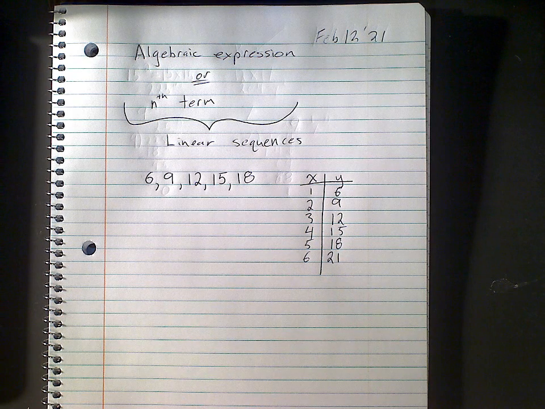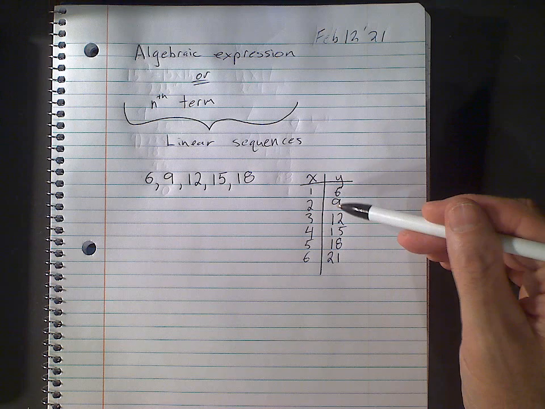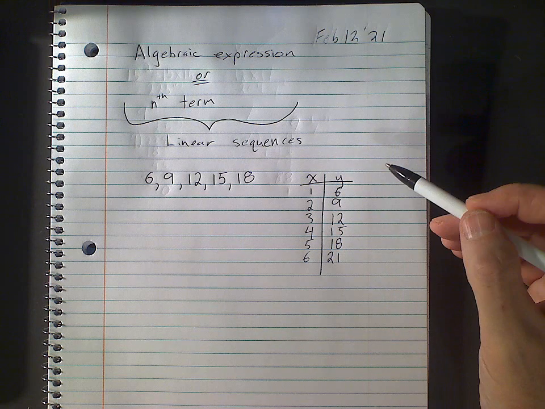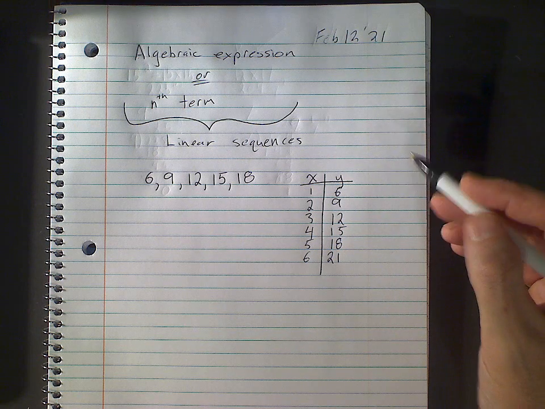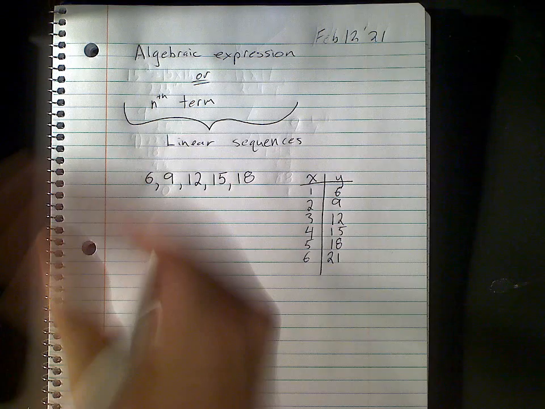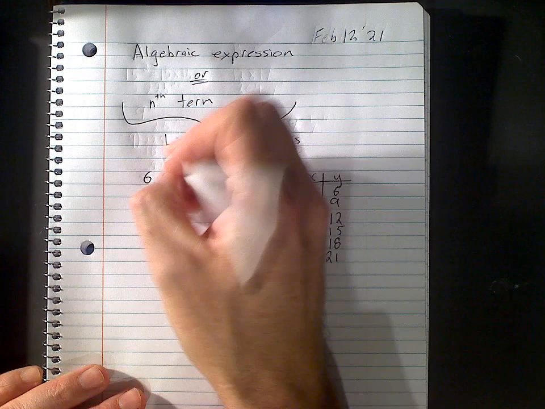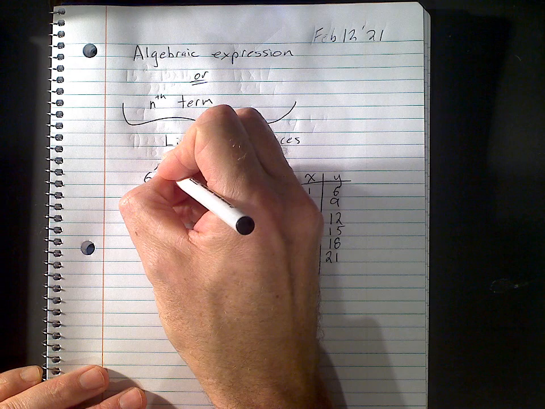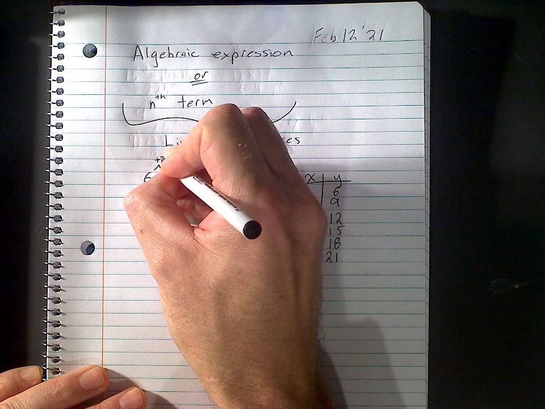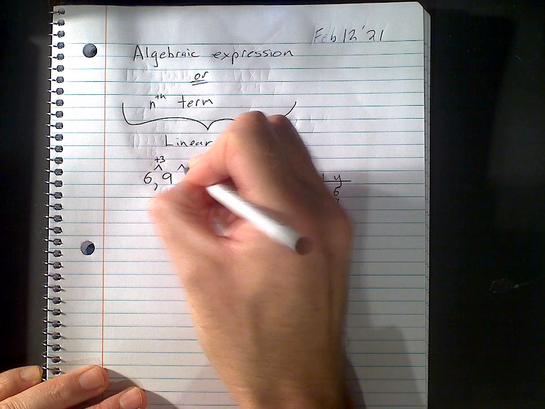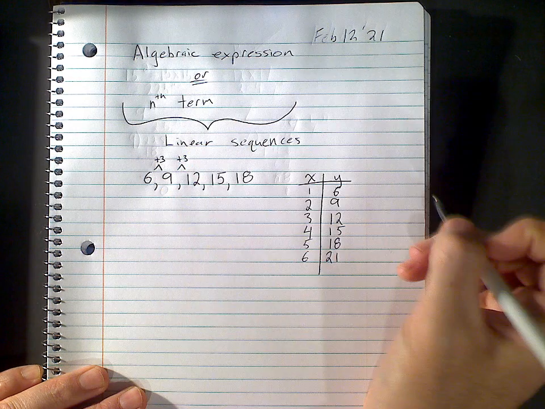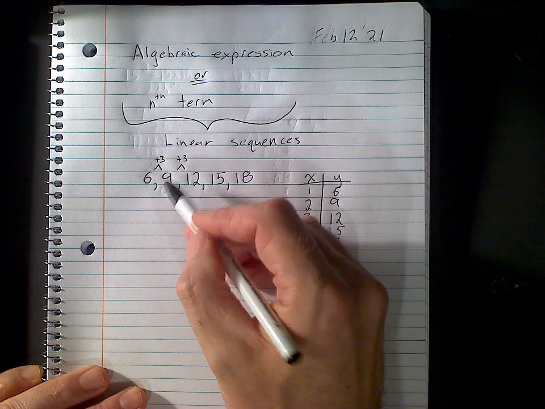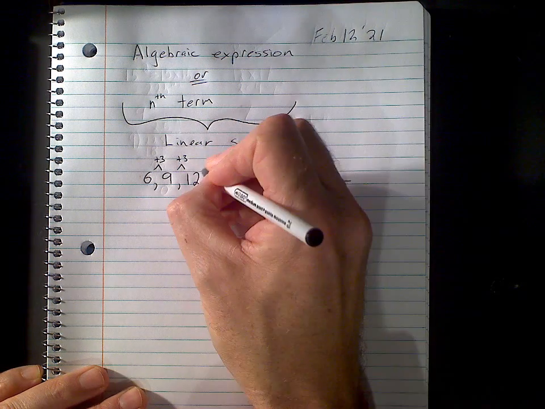Now, you may like this technique. It's probably a good habit to get into. What I'm going to do is show you an algorithm, just a thing that works well for me. What I want to do is determine the difference between every term in the sequence. Because it's linear, you should trust that it goes up by the same amount every time.